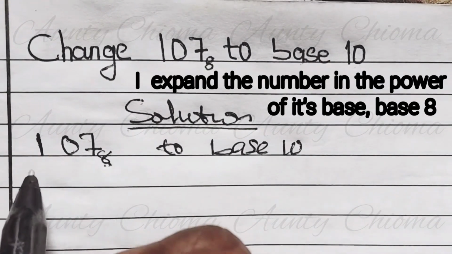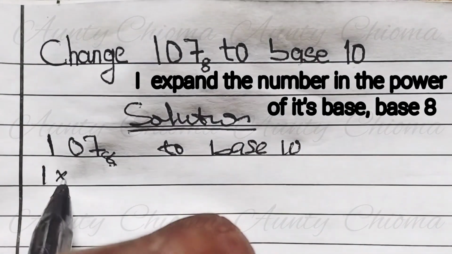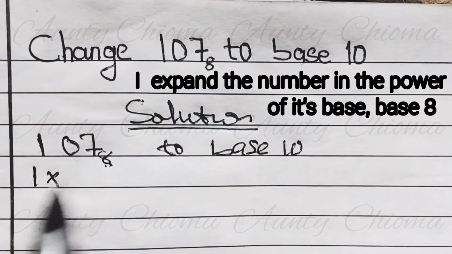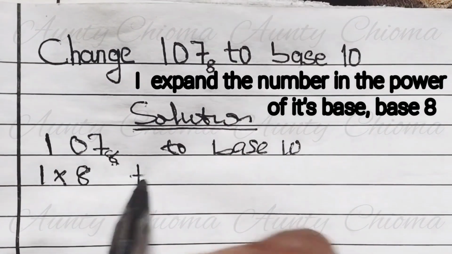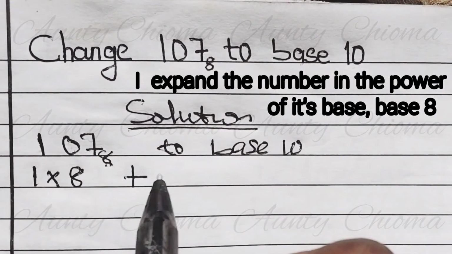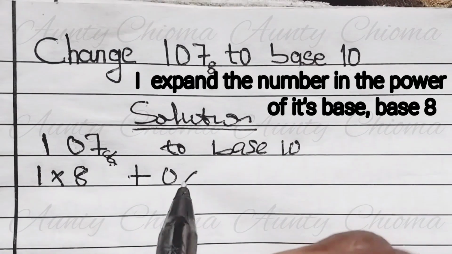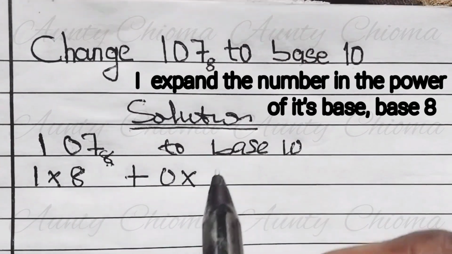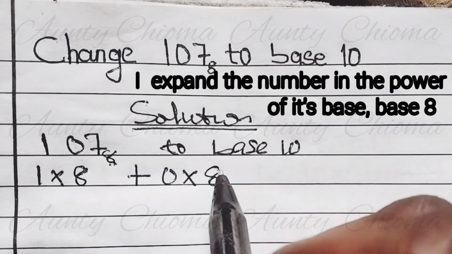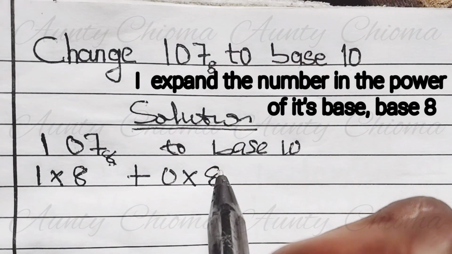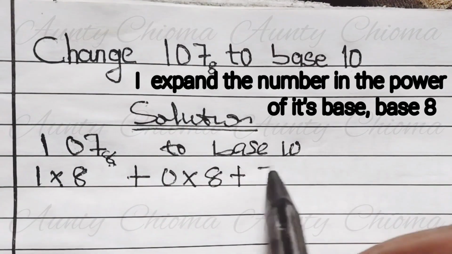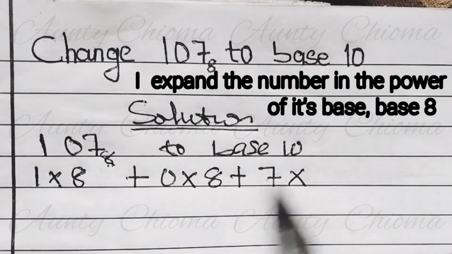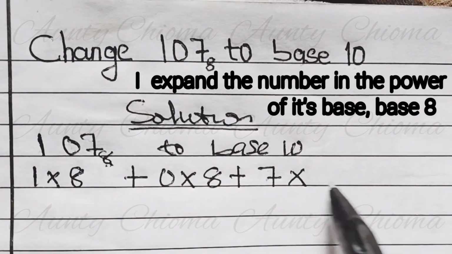I say 1 times 8, plus 0 times the same 8, plus finally 7 times the base, which is base 8.